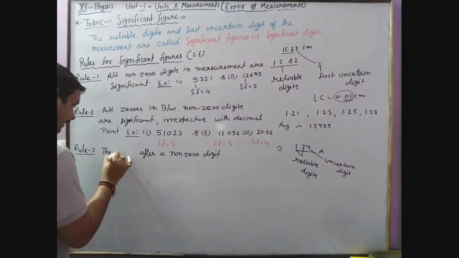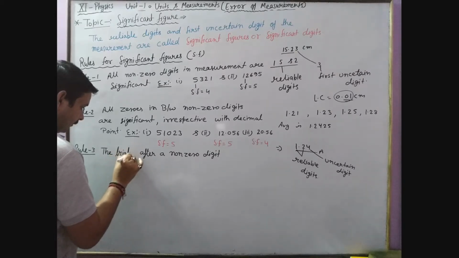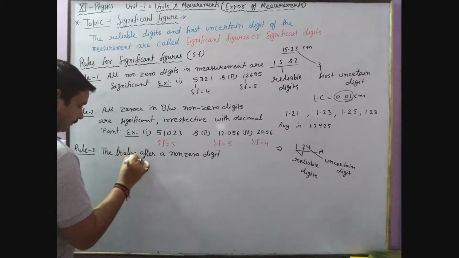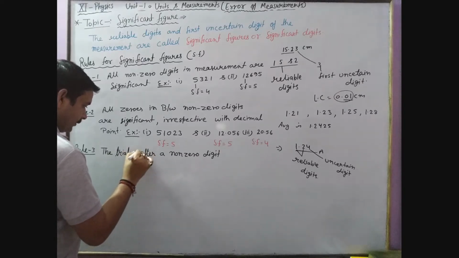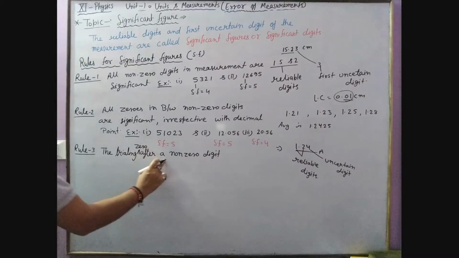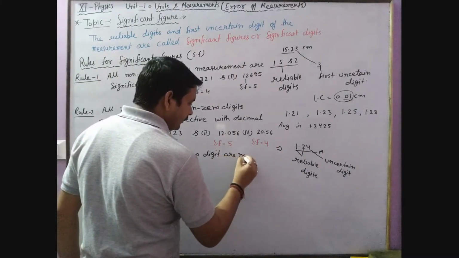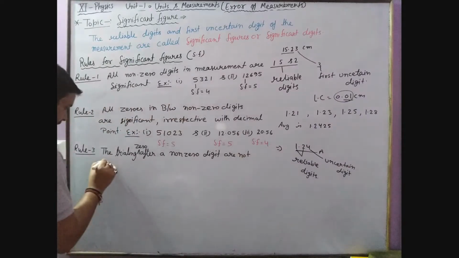Here the trailing zeros. Okay, trailing zeros after a non-zero digit are not significant.